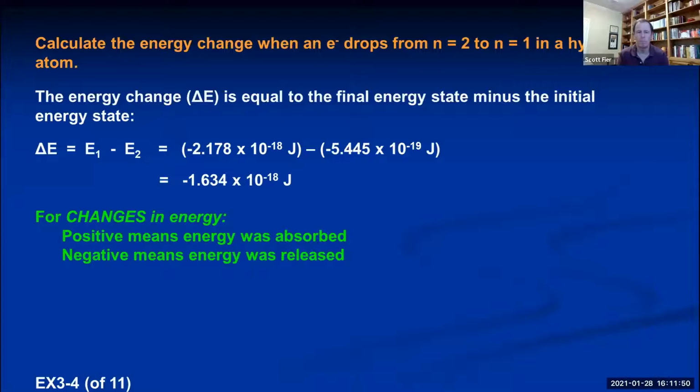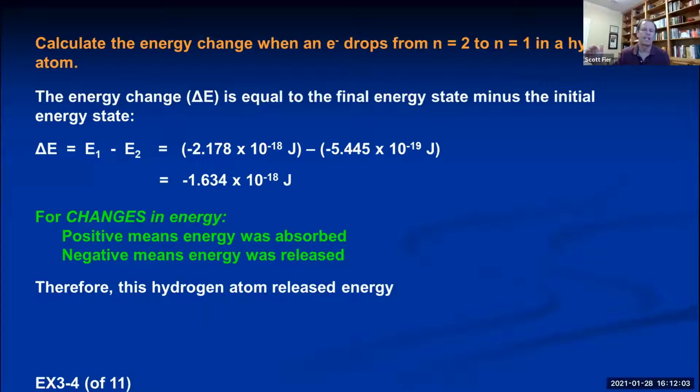Okay. So this negative number means that when the electron went from the second orbit down to the first, it released energy. And that should make sense. If the electron is getting closer to the nucleus, then that means it's getting to a lower energy state, it releases its excess energy. If you think about it the opposite way, if you go from the first orbit to the second orbit, how would you do that?